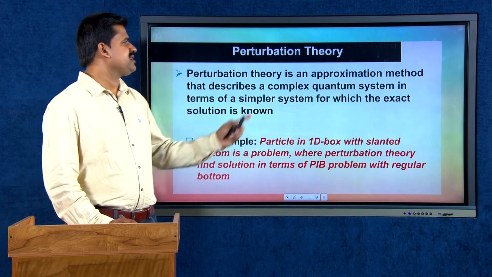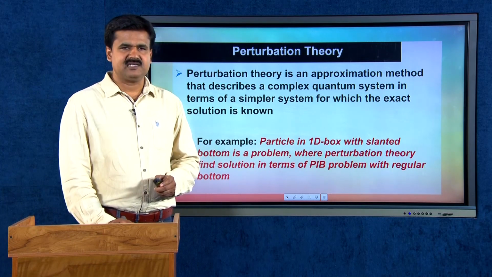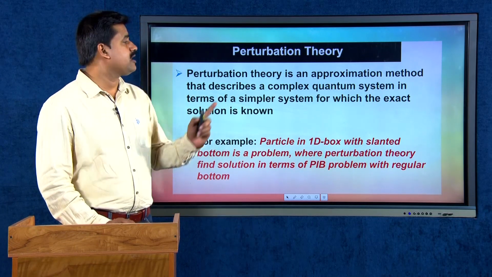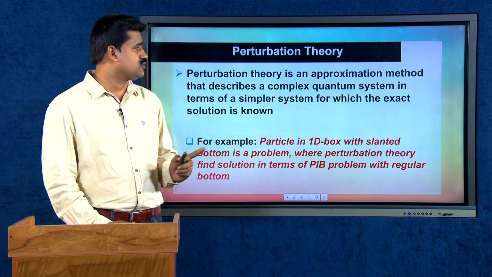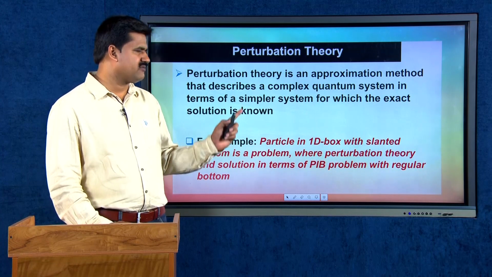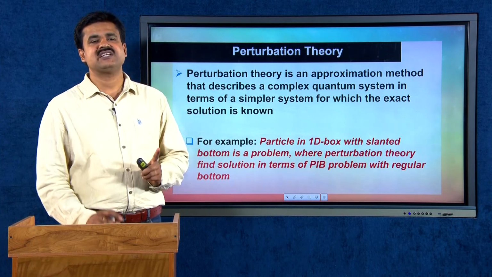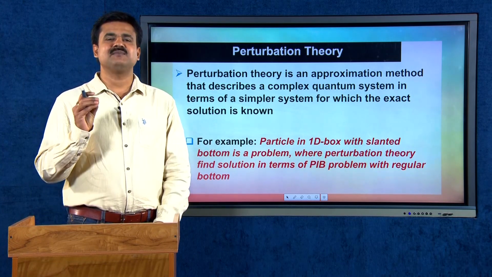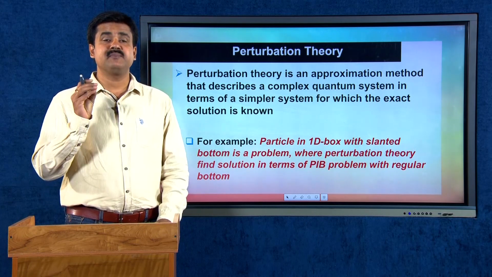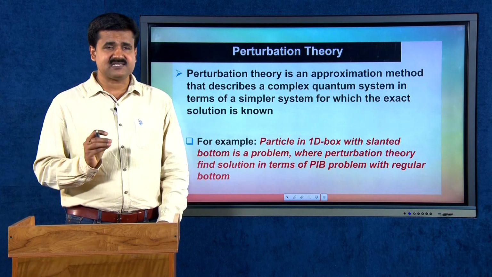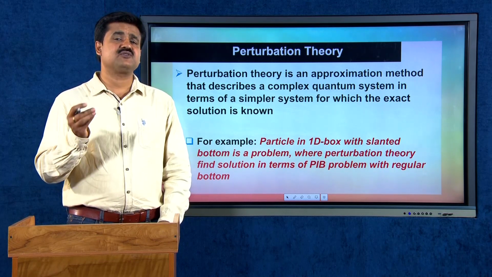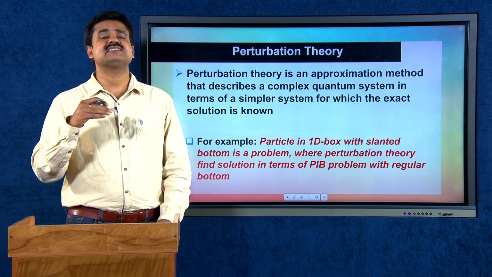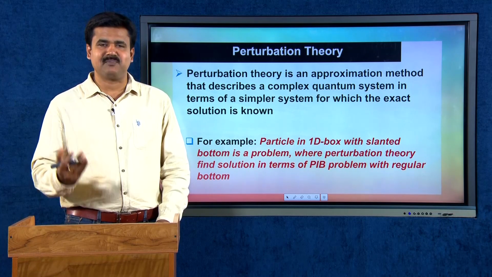Perturbation theory is an approximation method that describes a complex quantum system in terms of a simpler system for which the exact solution is known. This simply means that perturbation theory expresses the solution to a problem in terms of a simple problem which is already solved completely.